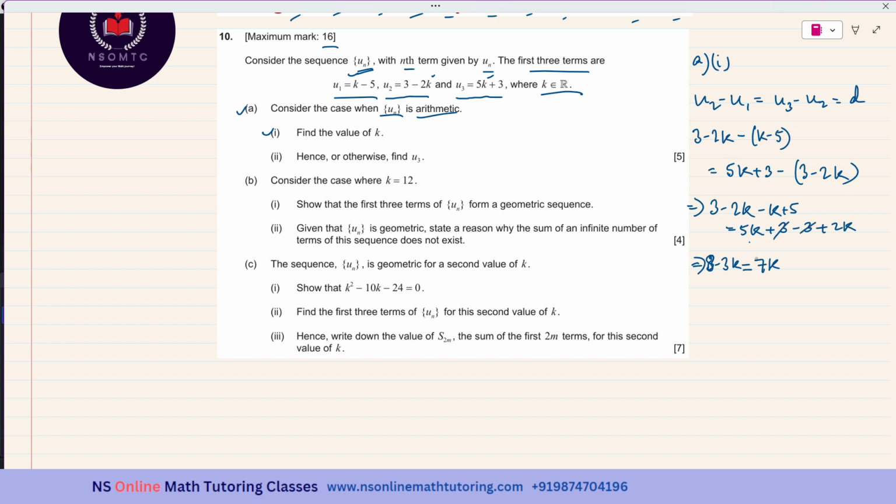These two will be cancelling. So we are having 10k, we are adding 3k to both the sides. It is 10k equal to 8, or k is equal to 8 over 10 or 4 over 5.